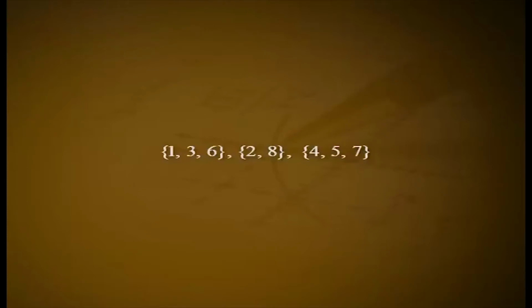Finally, we find that the orbit containing 4 is {4, 7, 5}. Since these 3 orbits include all integers from 1 to 8, we see that the complete list of orbits of sigma is {1, 3, 6}, {2, 8}, {4, 5, 7}, and is indicated graphically as follows.